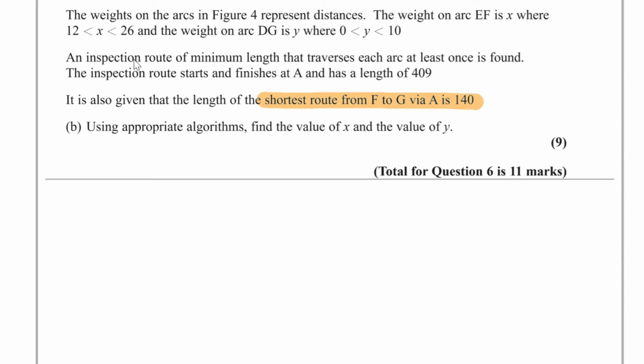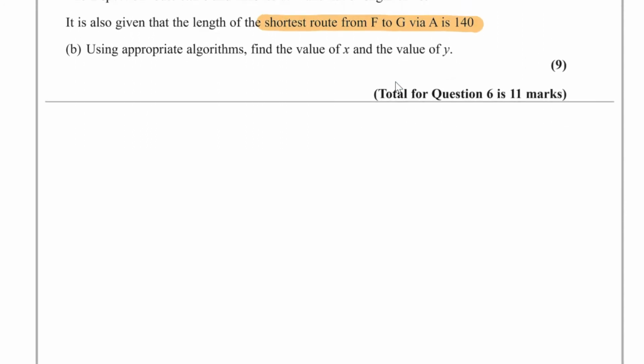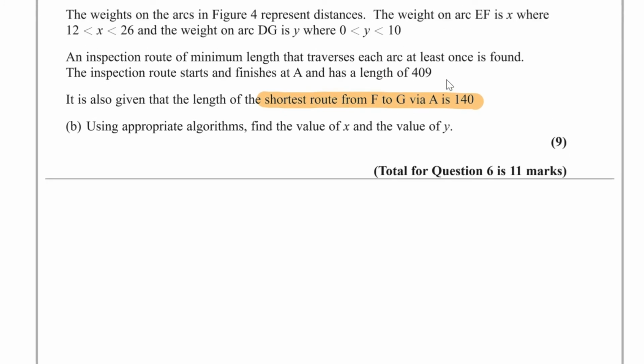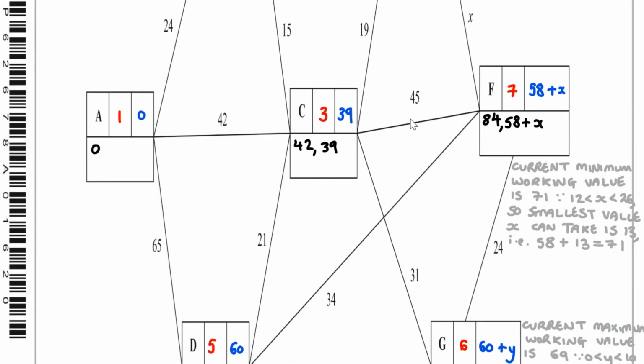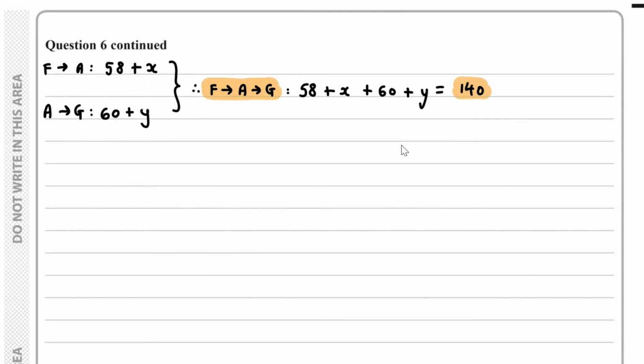Now, if we use the route inspection method, in other words, the Chinese postman, the only odd vertices will be A and G. Okay?